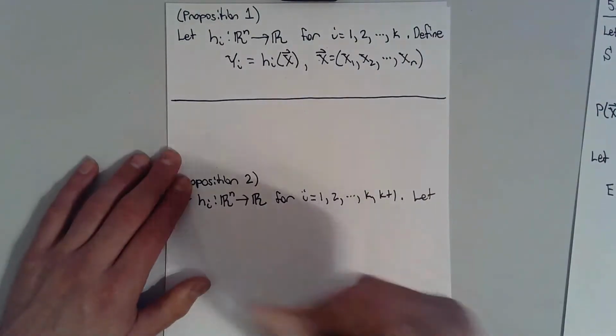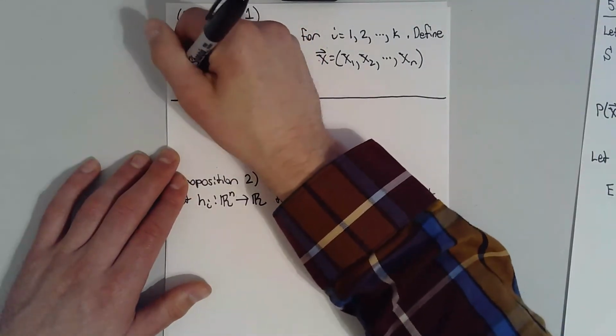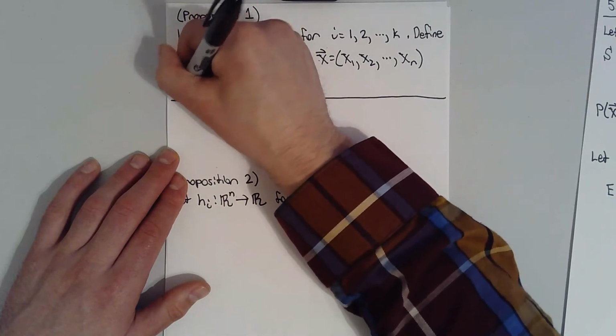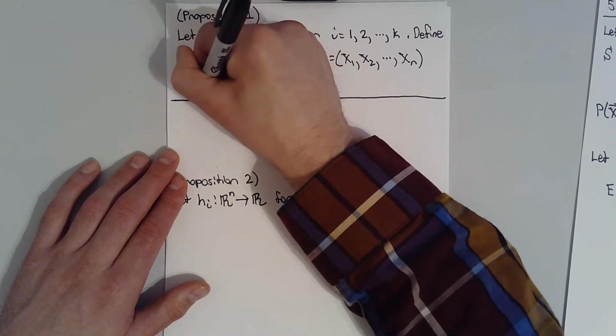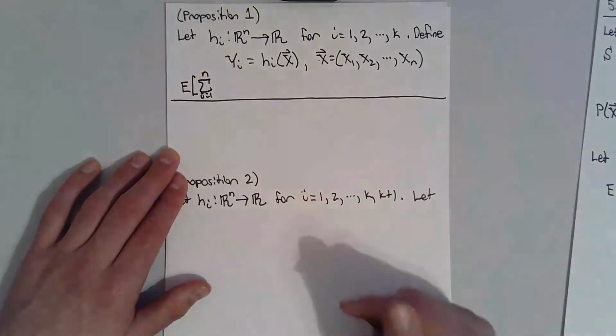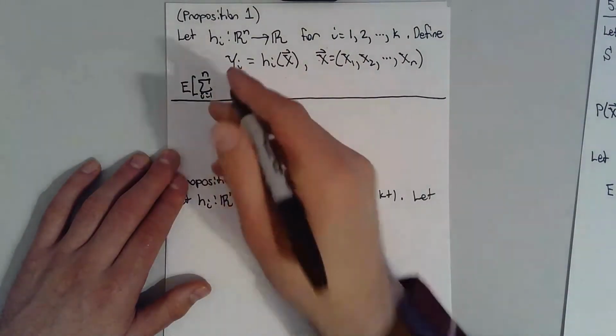Then it follows that the expectation of the sum from i equals 1 to m of a sub i y sub i equals the sum of a sub i times the expectation of y sub i.